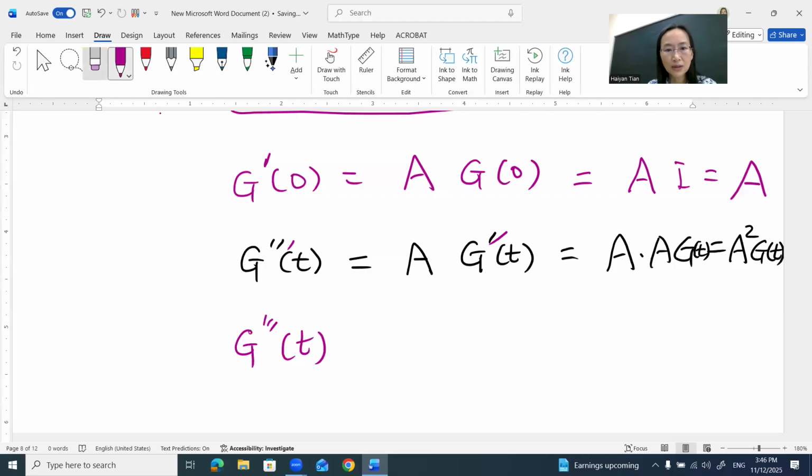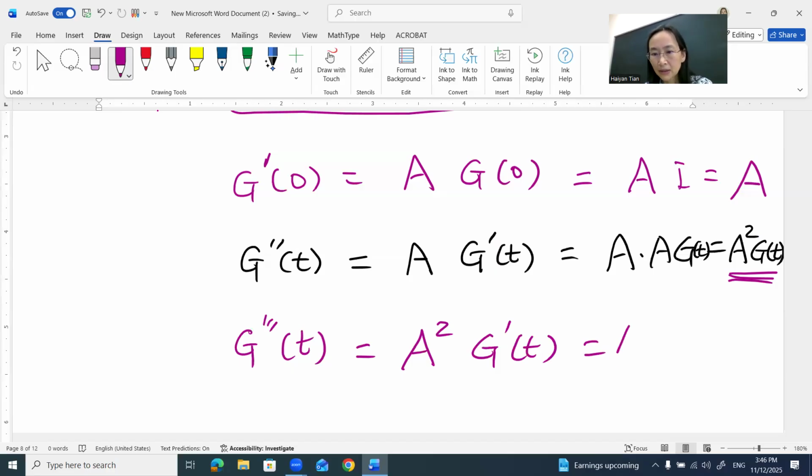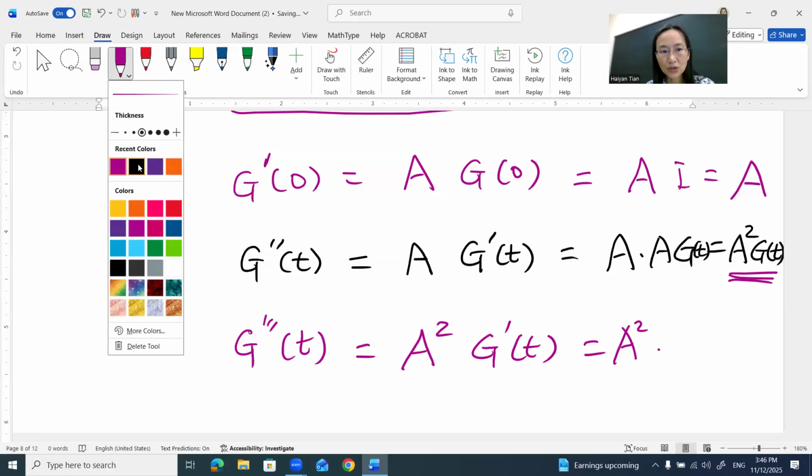Differentiate the above equation. The third order derivative of G equals the derivative of this, A squared G prime. And again, because G prime is equal to AG, we just replace it with AG.